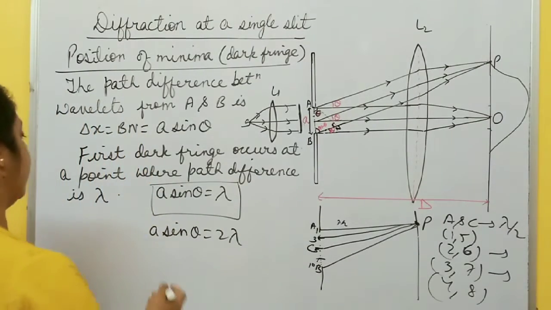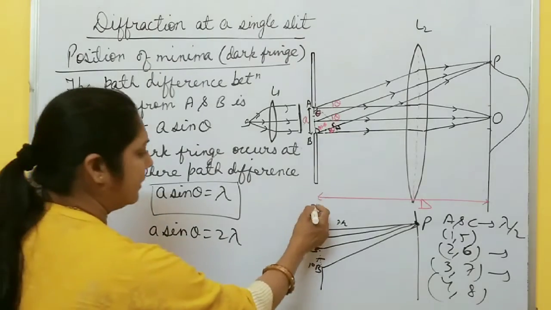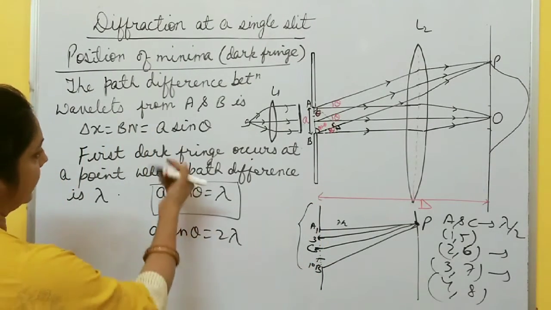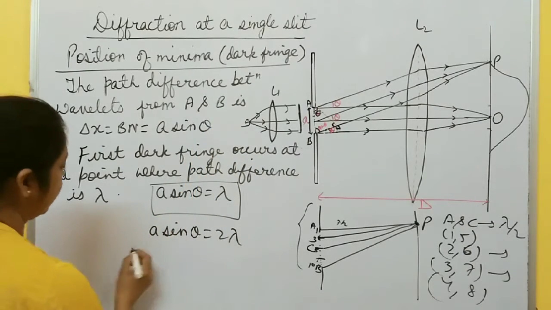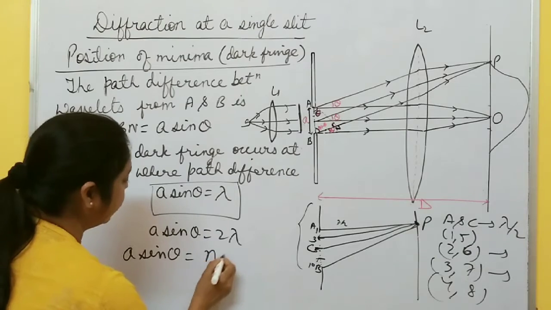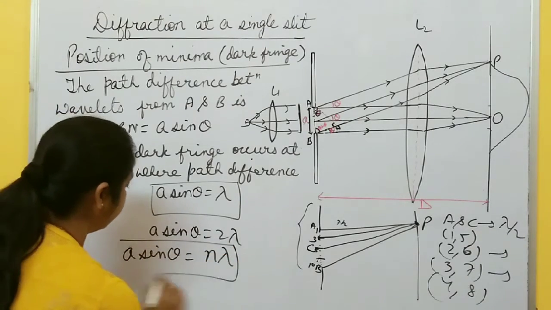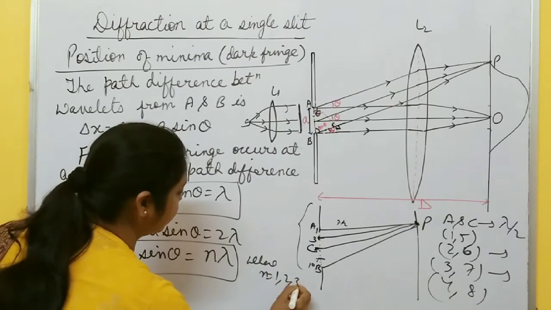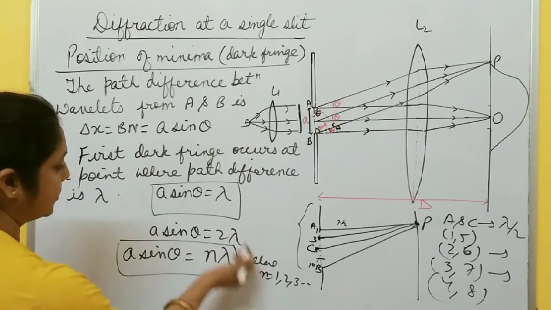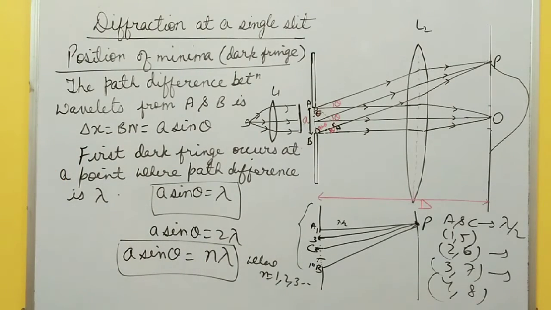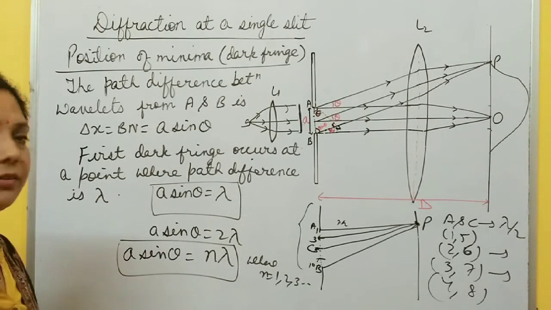So you can explain it in this way, or otherwise just learn that the condition for minima is a sin theta equals n lambda, where n is 1, 2, 3, and so on. When n is 1, first dark fringe; n is 2, second dark fringe. In this way, different dark fringes are formed.